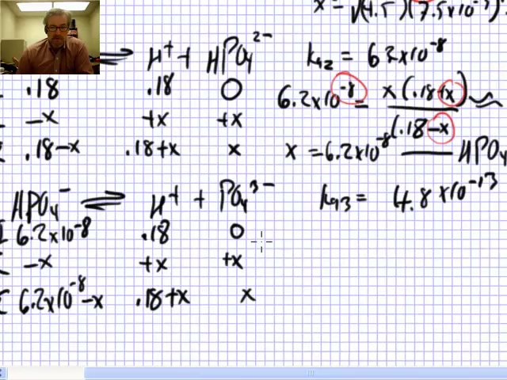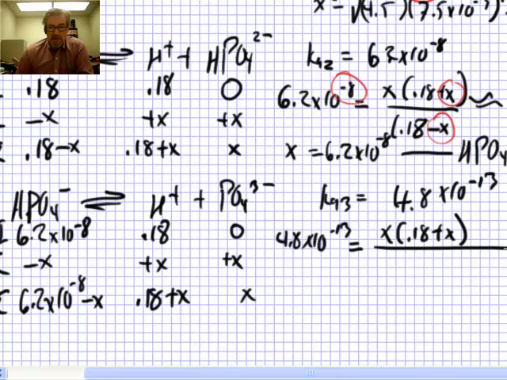So 4.8 times 10 to the minus 13th is equal to x times 0.18 plus x divided by 6.2 times 10 to the minus 8th minus x. Now 10 to the minus 13th is very small. So even though 6.2 times 10 to the minus 8th is pretty little itself, I'm going to make the initial assumption that x is ignorable in the denominator here, and it certainly is ignorable in the numerator when compared with the 0.18.